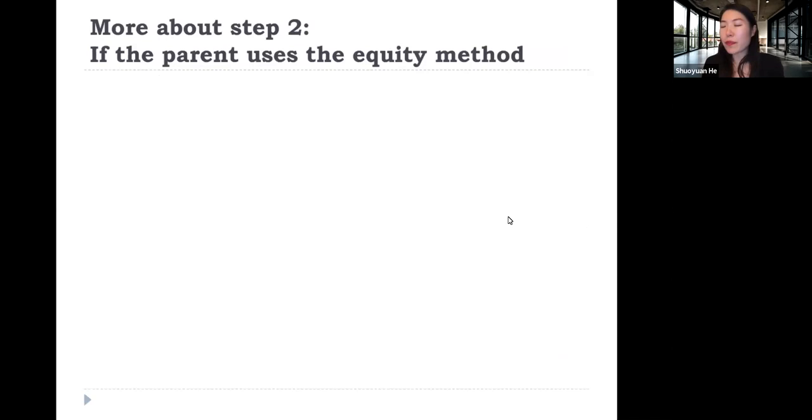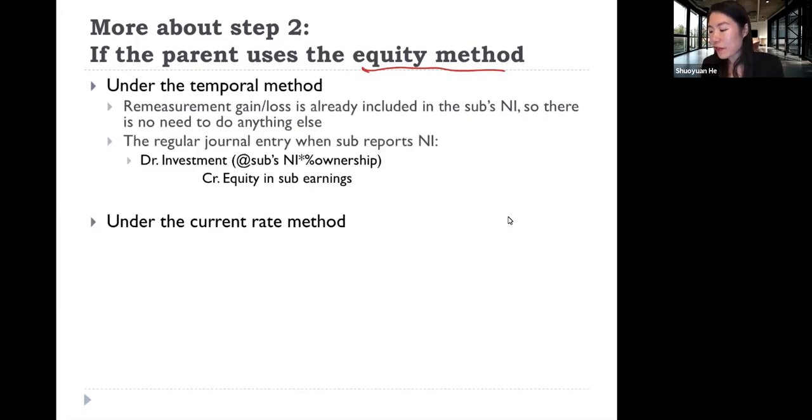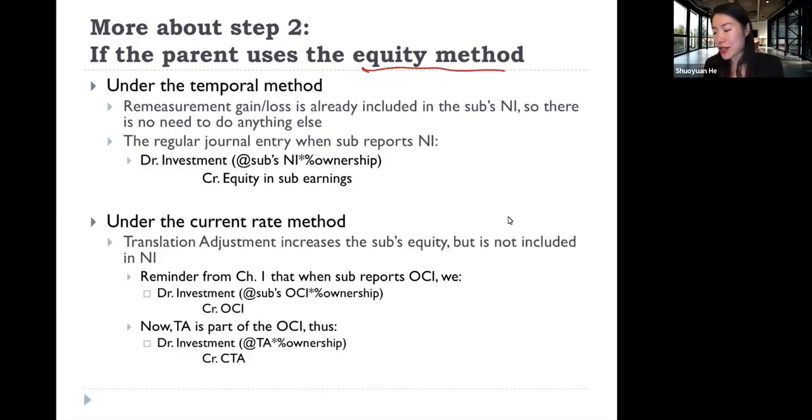And now let's look into more detail at step 2, if the parent is using the equity method. Under the temporal method, the remeasurement gain or loss is already included in the subsidiary's net income. So there's no need to do anything.